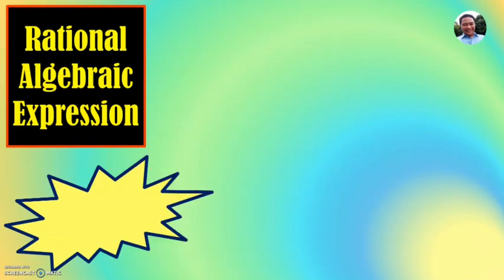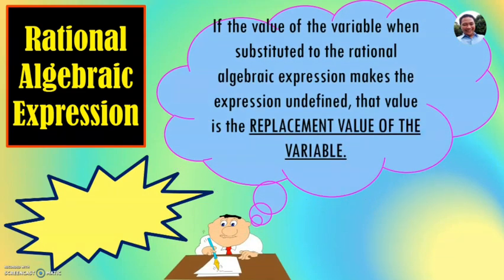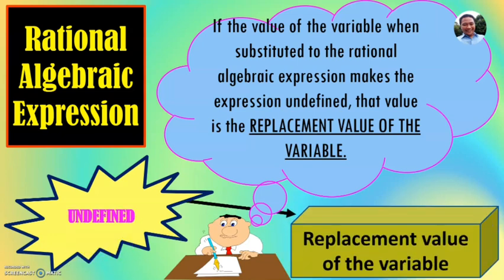In a rational algebraic expression, if the value of the variable when substituted to the expression makes the expression undefined, that value is what you call the replacement value of the variable. So what makes an RAE undefined? The replacement value of the variable.